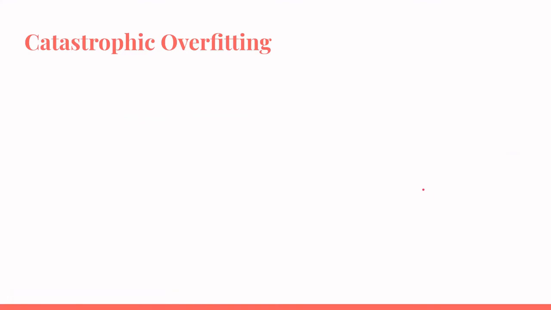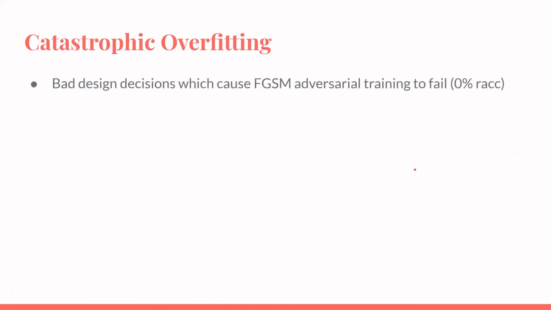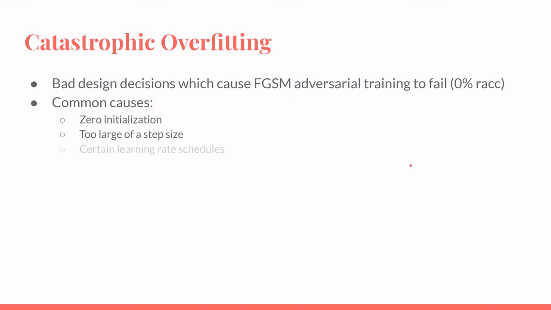The authors mention a few bad techniques that were previously used, which led to the failure of FGSM adversarial training. Some of those causes would be zero initialization in the beginning, taking a very large step size, scheduling the learning rate at bad points, and then the number of epochs itself.